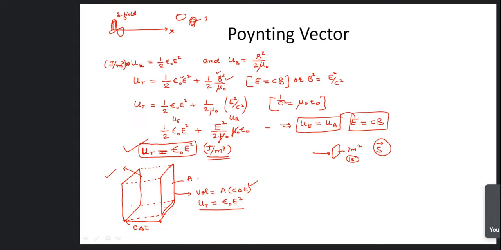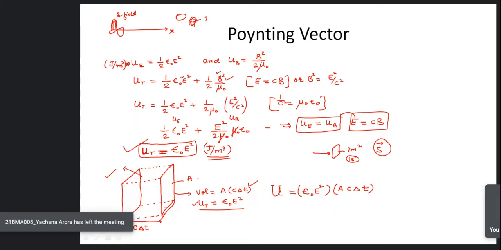So what is the total energy of the electromagnetic wave between these two plates? I can get that total energy by multiplying these two, and write capital U. This is small u for energy density, and this is capital U for total energy in volume V. So it is energy density, energy per unit volume, times volume. Total volume is A times c delta t. What is this? This is the total energy in this region.